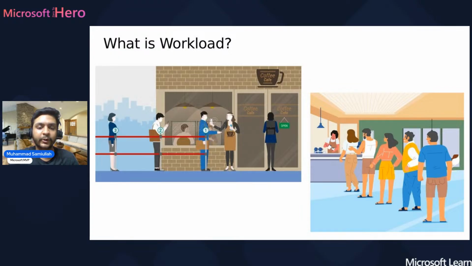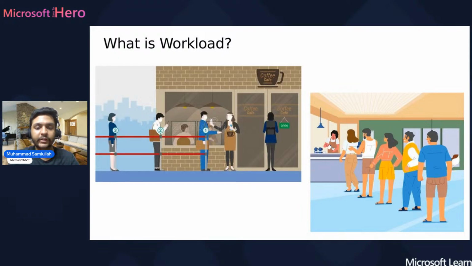So this workload defines your cloud service model. If you are using infrastructure, it will need a lot of resources and human effort to manage it. And again, it depends on your organization, how you would like to manage this stuff.